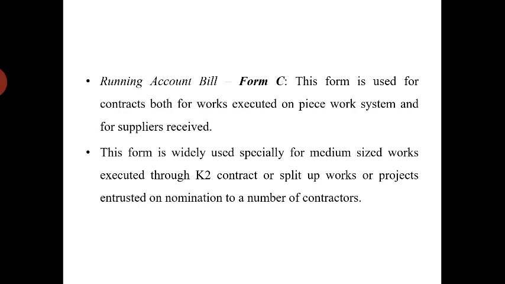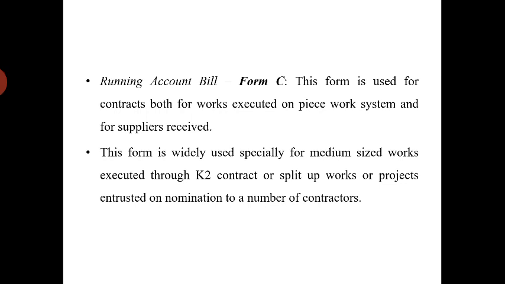So this form is used either for the full completion of the work, or for the piecework system. Form C type of bills can be made to the contractors who are going to execute the work, as well as to the suppliers of the materials.